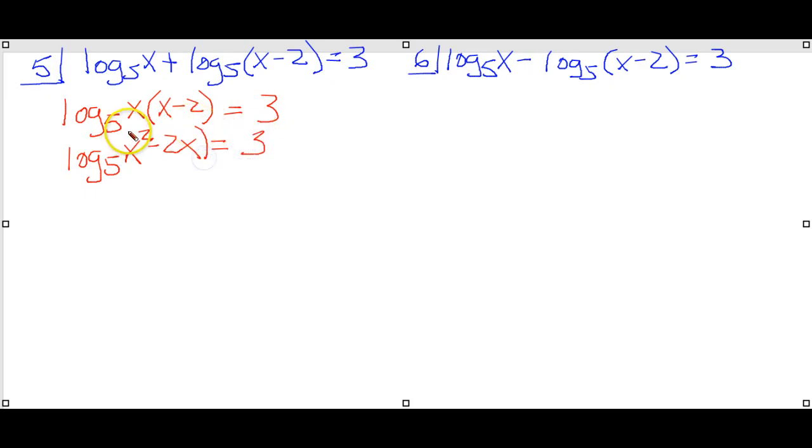And we could put that in parentheses if we'd like. Now we're going to convert it from its logarithmic form into its exponential form. So the base is 5.